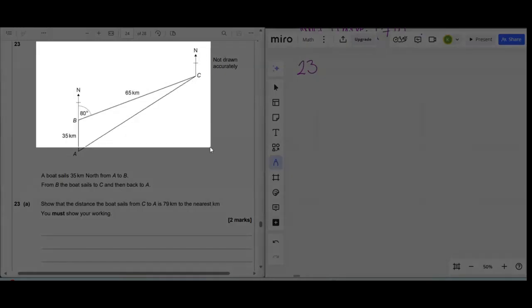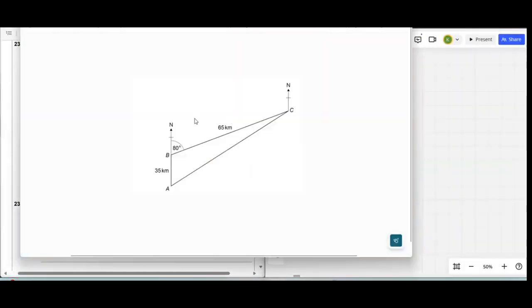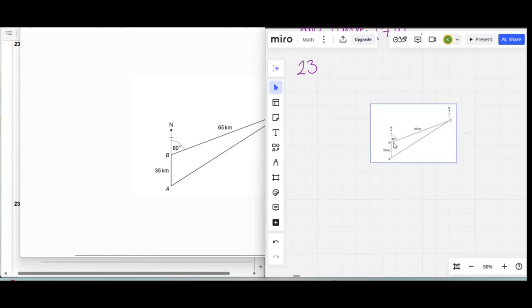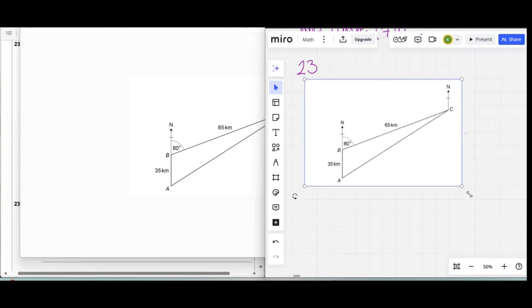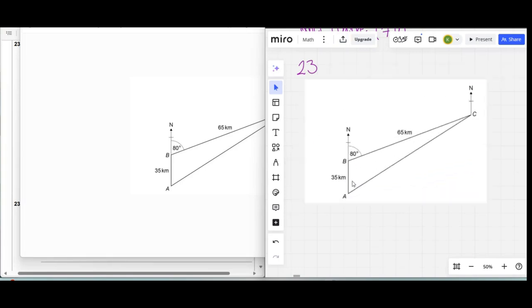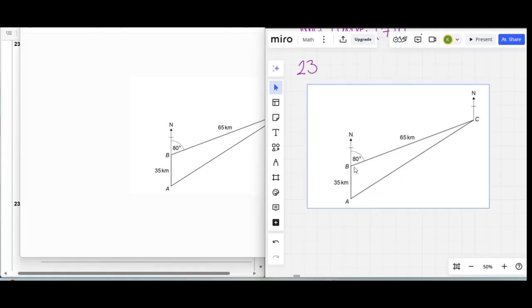Okay, maybe let's find other angles. If there is 80, then on the other side will be 100.